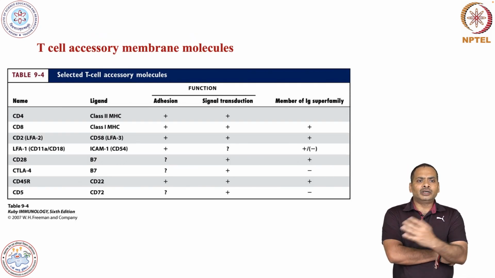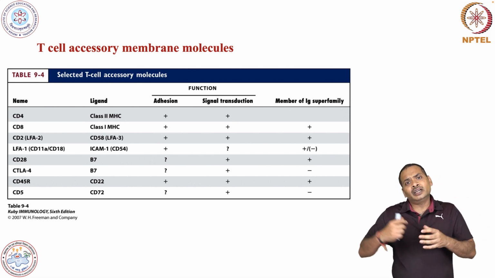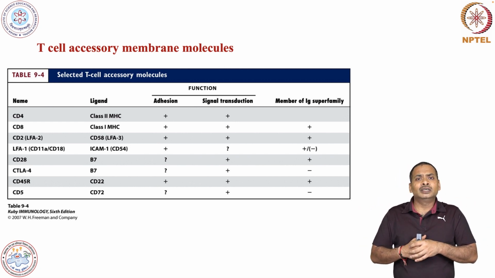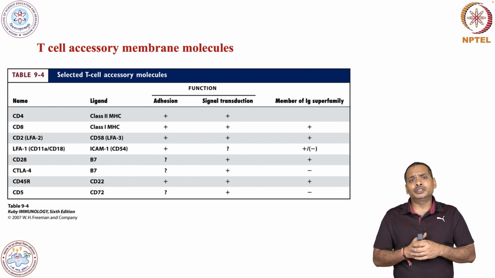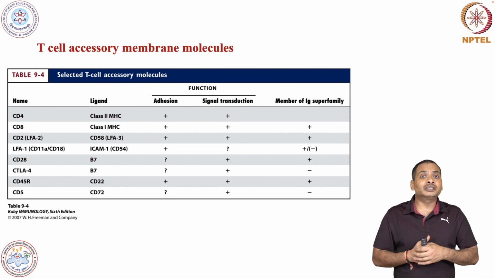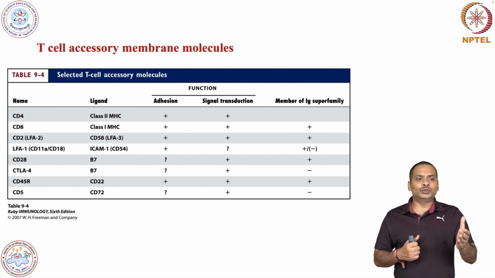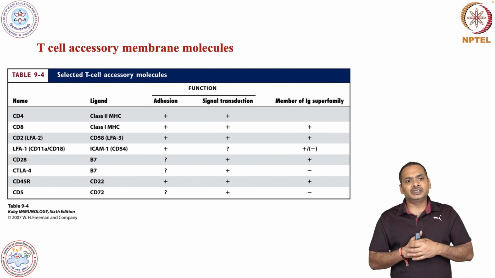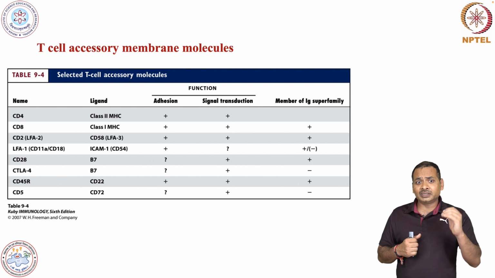Now I will show you that besides this TCR CD3 and MHC, cells also need some more accessory molecules in order to make this interaction fruitful. Here you can see that CD4 associates with the MHC class 2 molecule. Their main role is adhesion.